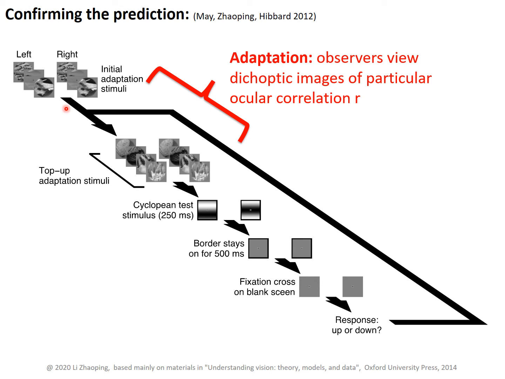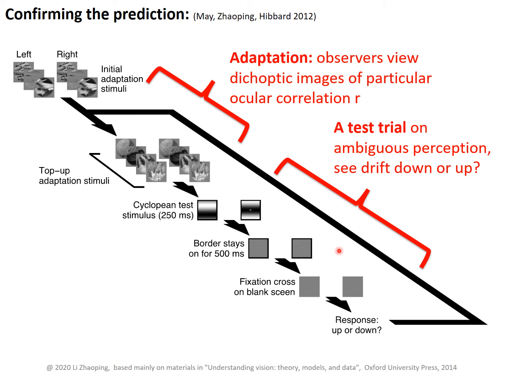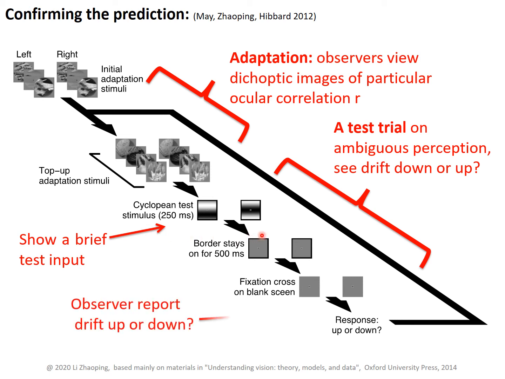After adaptation, this is how a test trial went. We show the observer a brief test dichotic input grating, and then the observer reports whether the perceived grating was going up or down. And this was then repeated over many trials to get the average probability of seeing the summation signal.